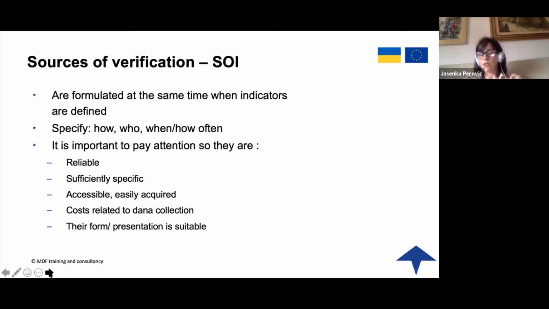Are there any costs associated? Because sometimes you will say the baseline information is so and so, but you really don't have the baseline, and this means that you will have to do some baseline studies. So this is some kind of cost related. And then in what form are they presented? Is the form in which the information is presented a form that you can use when you are reporting against your project?